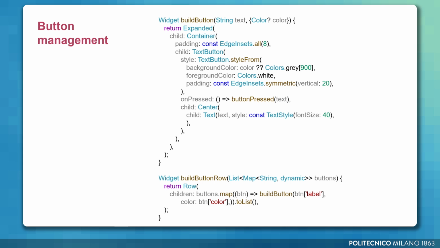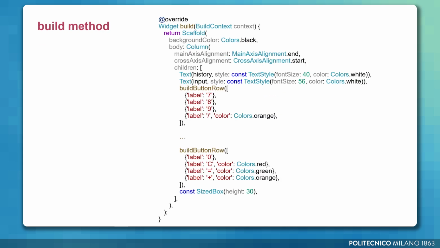The resulting buttons are added to a list and set as the children of the row, laying out the buttons side by side. The build method is responsible for constructing the calculator's main user interface.